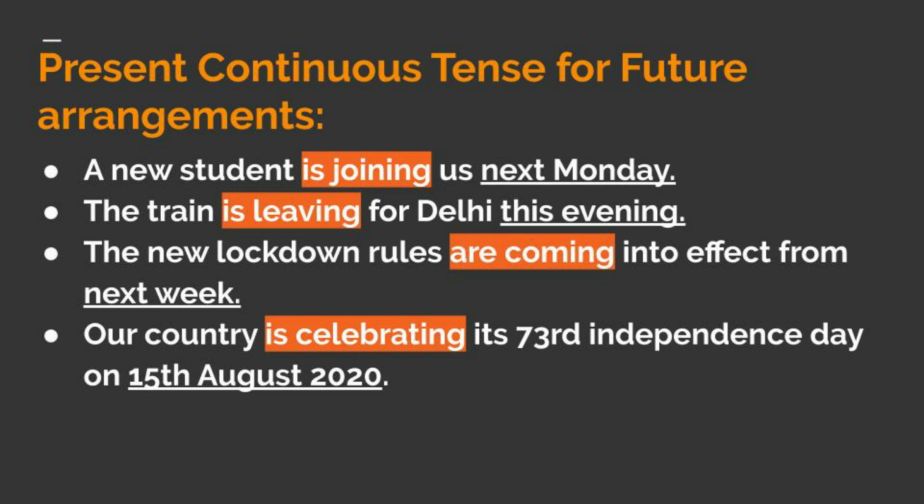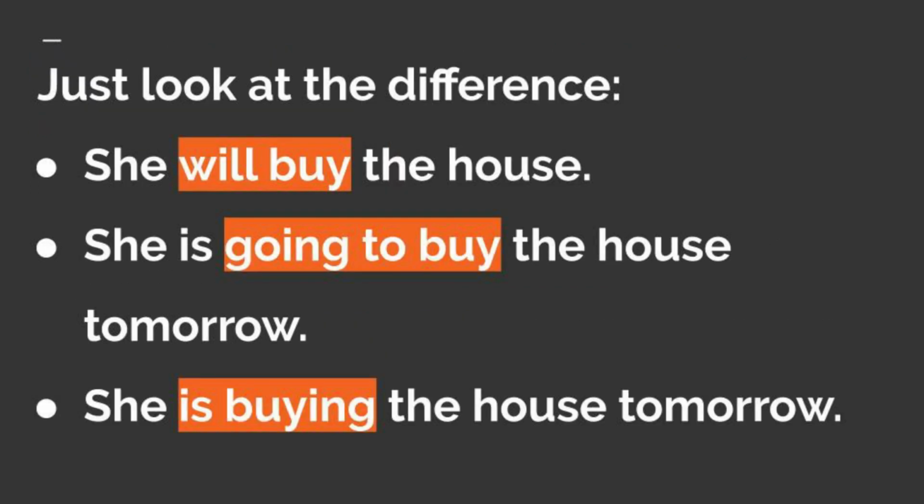So this slide which you are looking at right now has 3 sentences. All the 3 sentences are the same ones, except that they use the different structures we have just now discussed. So we've seen that we can use will to talk about future. We can use going to again to talk about future, and also the present continuous form to talk about future.